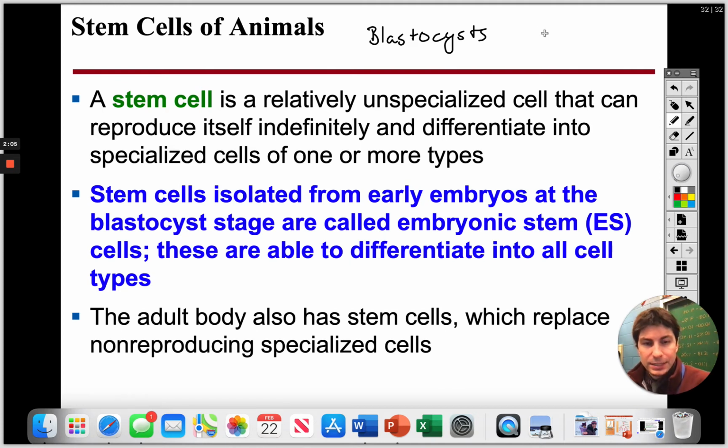But these blastocysts, which can develop into embryonic stem cells, they can. So in other words, guys, once these stem cells become adult stem cells, which means they're probably going to have a final type of cell they're going to get to, those adult stem cells can't give rise to all the different cell types.